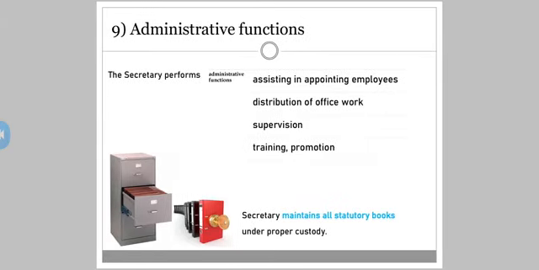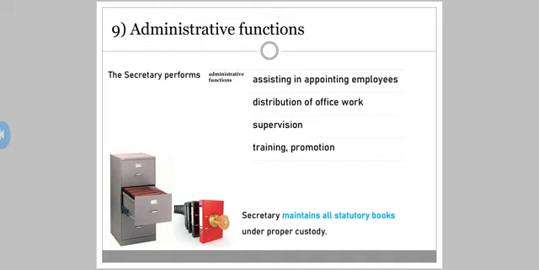Coming to the last and final function of a secretary, the administrative function. What do you understand by the word administration? We have already seen in the previous lectures. To administer means to look after.